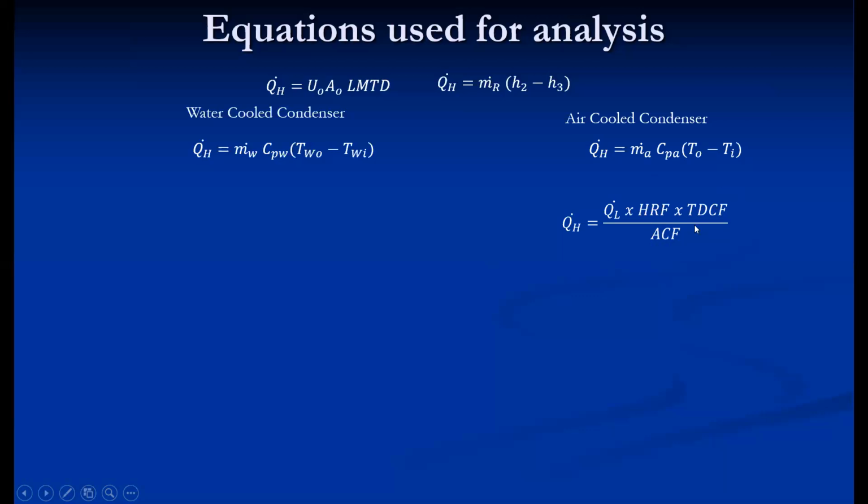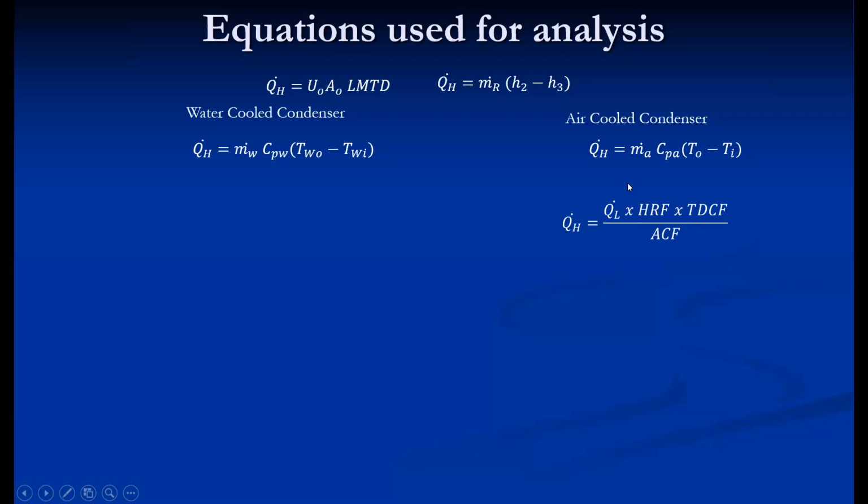TD correction factor, because most of the air-cooled designs are factory assembled units, so they are readily available in the market. So while purchasing, generally most of the air-cooled condensers are designed for 30 degree Fahrenheit TD, or in Celsius it is 16.66 degrees Celsius. So that is in Celsius.